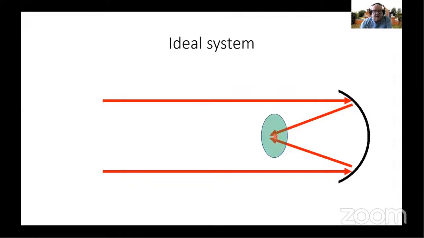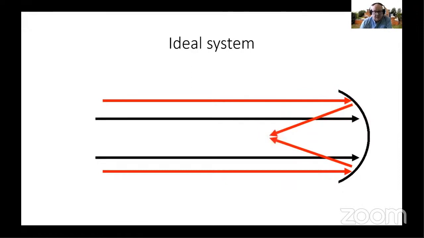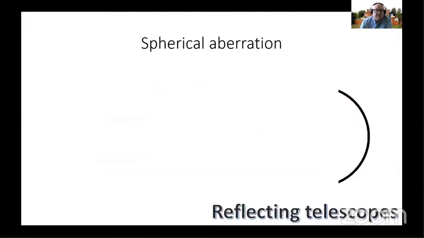And in a Newtonian telescope, there would be a secondary mirror here, which would send the light rays out to the side. If this was a Schmidt-Cassegrain, there would be a secondary here as well, and it would send the light rays back through a hole in the primary. But the principle is the same, that the parallel rays of light are coming in and being brought to a focus. And what happens is wherever these rays are coming from on the object, ideally all these rays are brought to the same focus, so everything is nice and sharp for the observer.